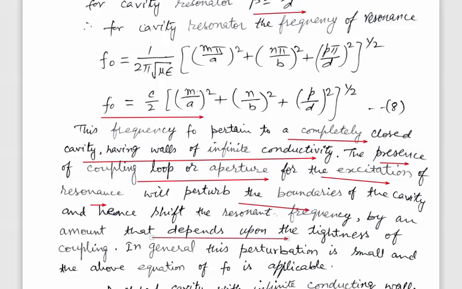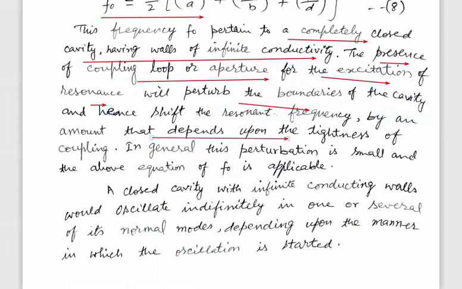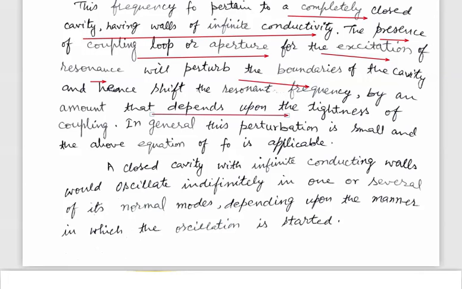In general, this perturbation is small and the above equation for the resonant frequency is applicable. A closed cavity with infinitely conducting walls would oscillate indefinitely in one or several of its normal modes, depending upon the manner in which the oscillation is started.